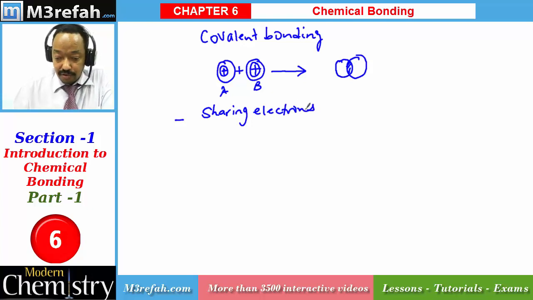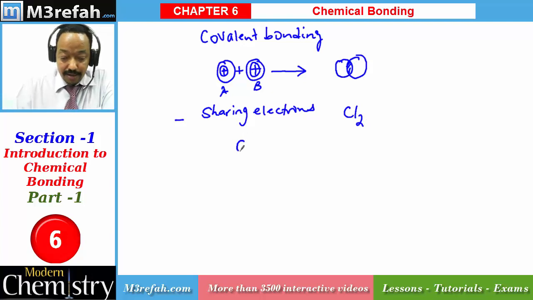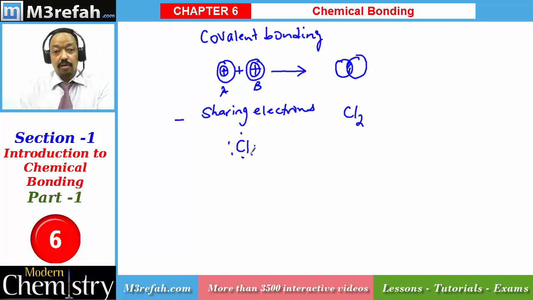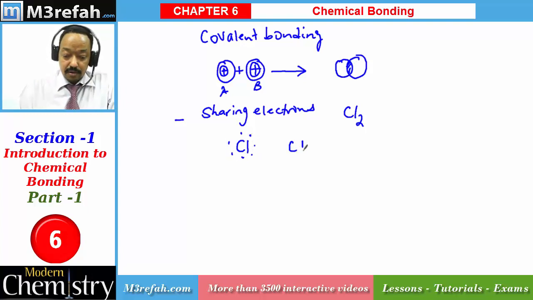In sharing electrons, let's see one example. We have a chlorine molecule. As you can see, chlorine has 7 valence electrons; we will see later in the dot structure. 1, 2, 3, 4, 5, 6, 7. And the other chlorine also has 7 electrons.